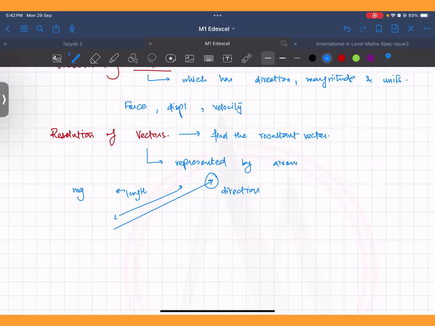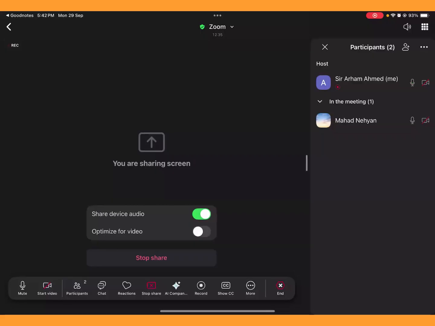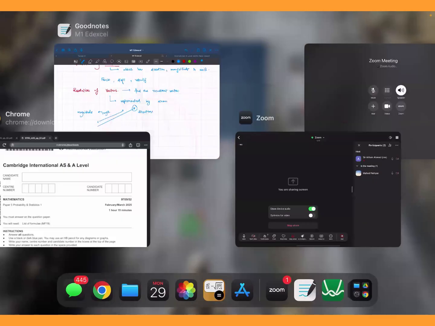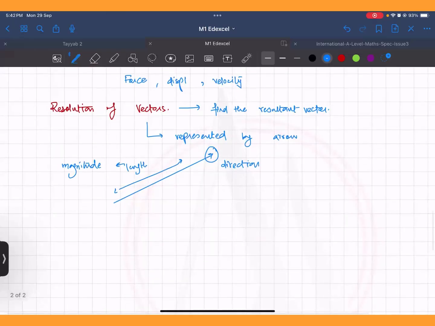Magnitude means the size, how big the vector is. For example, a force of 10 Newton and a force of 5 Newton. The vector of the 10 Newton force would be longer. The vector of the 5 Newton force or the 1 Newton force would be smaller. So the size is denoted by the length of the vector.